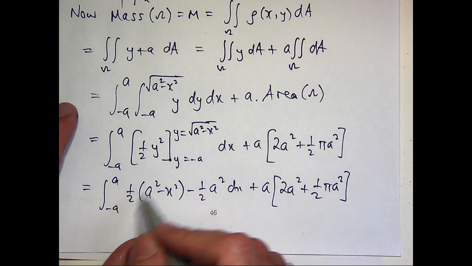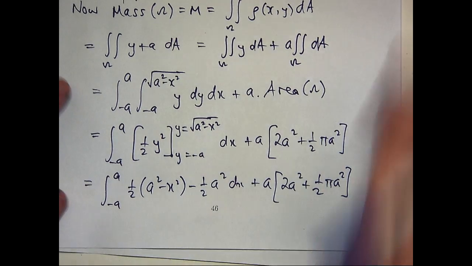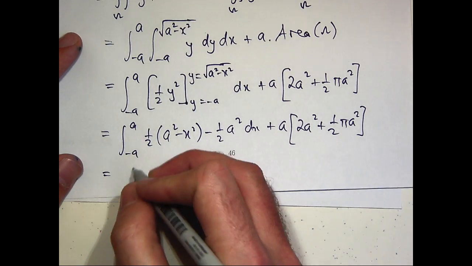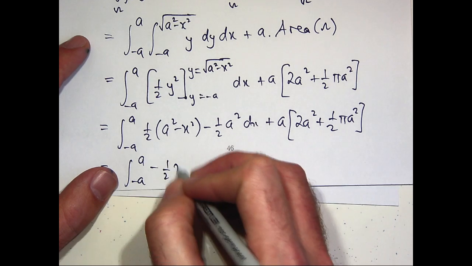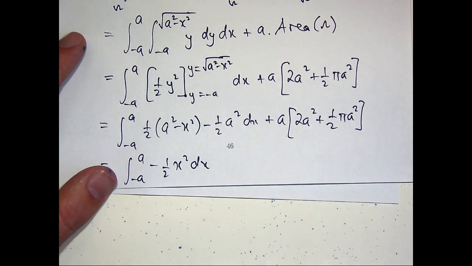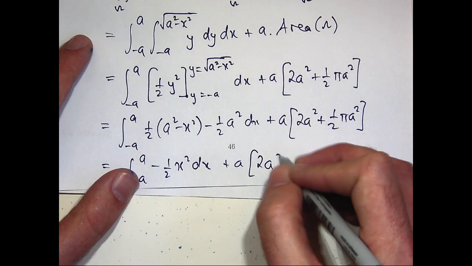Now you can see if I expand this, the half a squareds will cancel out. So actually I've even got a bit more simplification to do. I'll just be left with minus a half x squared dx plus a times this.